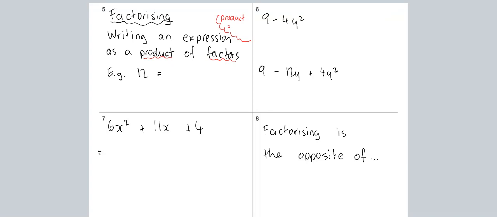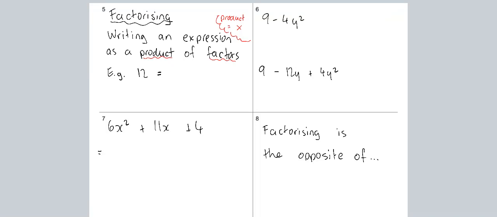Now, product is one of those words that represents one of the four operations, the result of, really. Which one does product represent? Multiplying. Yep. So if you need to, in a little cloud bubble somewhere, put product equals times up here, in case you forget.